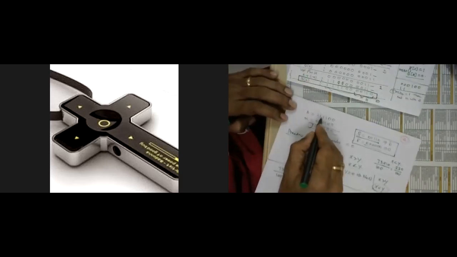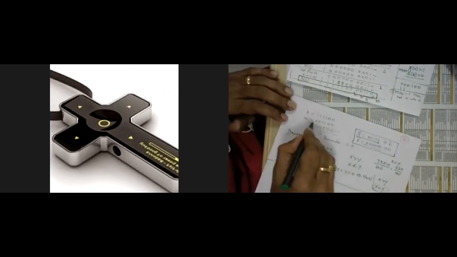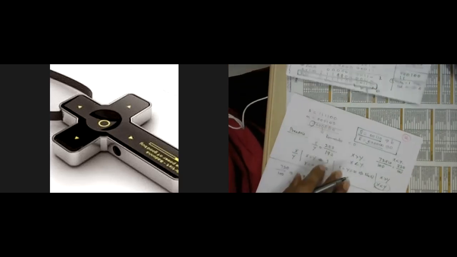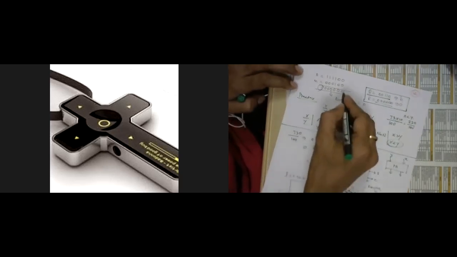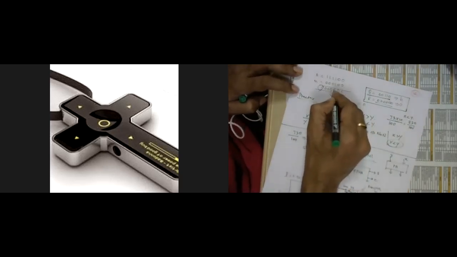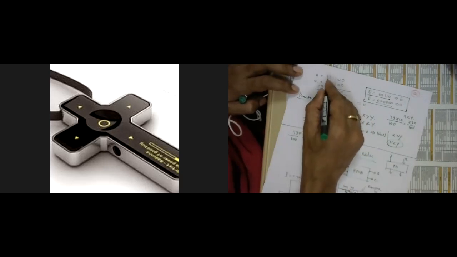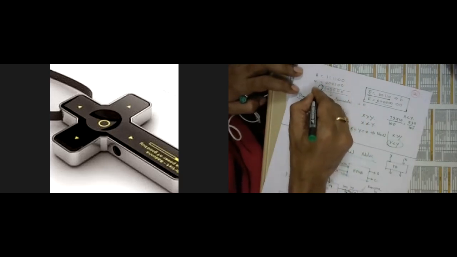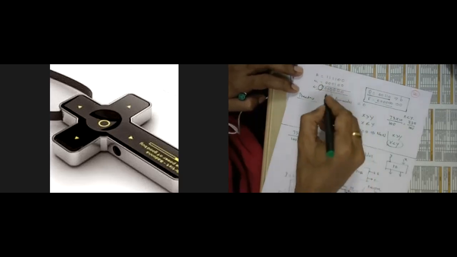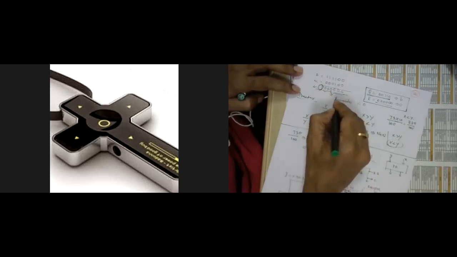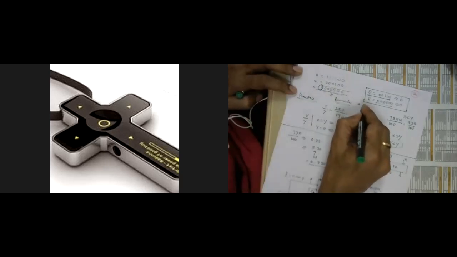I'm taking here 111100, and we know the value of M. Just add the M here, then you will be getting 0, 0, 110, 110, 110, 110. This one you discard. This one you discard. So this will be our remainder value. So the remainder is equal to 0 here.